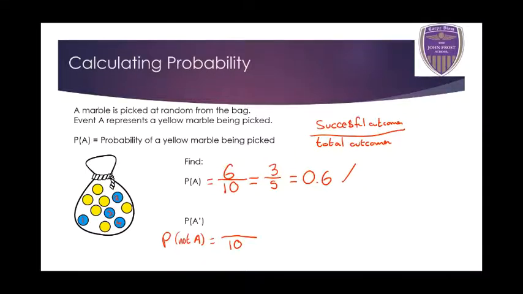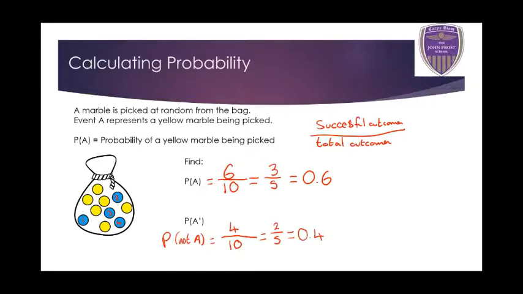So there's 4 marbles that are not yellow. Therefore, the probability of not A is going to be, there's 4 successful outcomes. It's going to be 4/10. Simplify the fraction to 2 over 5, and turn that into a decimal will give you 0.4. So well done. Hopefully you got those right, or hopefully you spotted those as I was working them out.